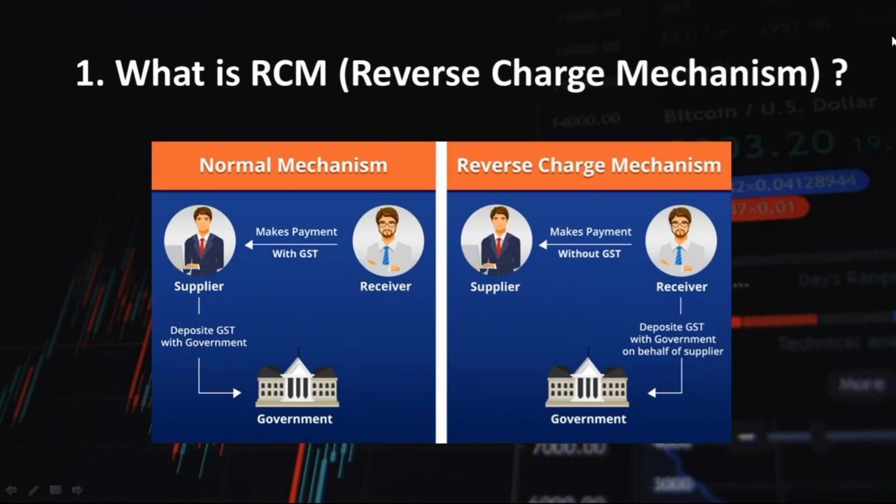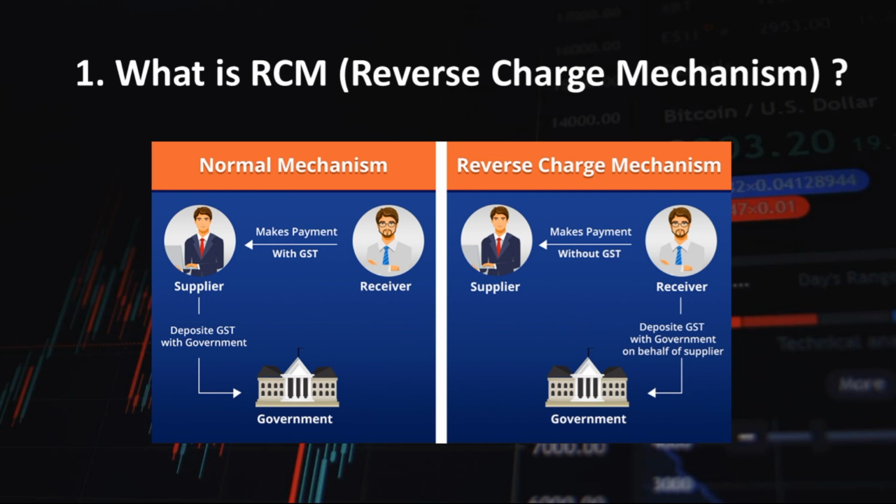Number 1, what is RCM, that is reverse charge mechanism. सबसे पहले हम समझ लेते हैं कि normal mechanism क्या है. In normal mechanism, the recipient pays the GST to the supplier who then pays it to the government. For example, अगर आप taxable goods किसी registered person से purchase करते हैं तो वो आपसे tax charge करता है.